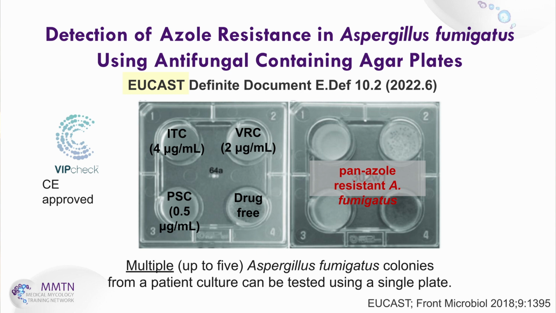We can take multiple colonies from a patient culture at the same time and put them into a single 4-well azole-agar plate. After 1 to 2 days of incubation, colonies that grow on any of the azole-agar wells, like this one, are considered potentially azole-resistant and should be subjected to reference MIC testing using the broth microdilution method to confirm azole resistance.